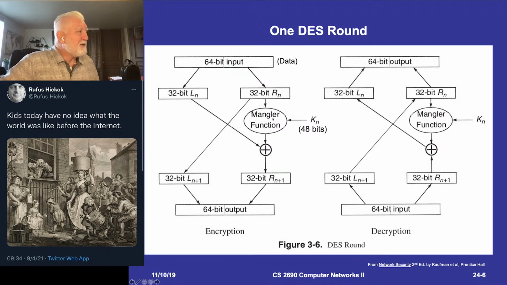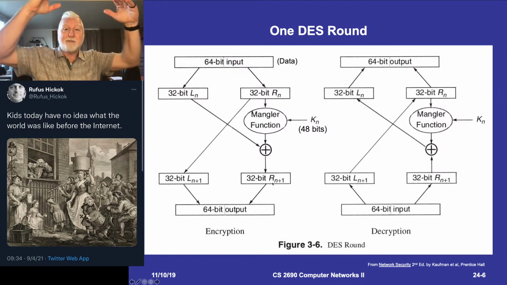I run it through this mangler in which I apply the 48-bit key for that round of DES. I then take the left side and the mangled right side, XOR them together, and that gives me the new right side. I now have the new left and right.